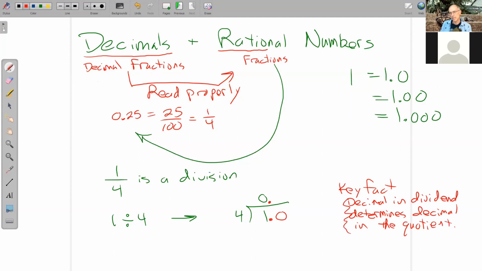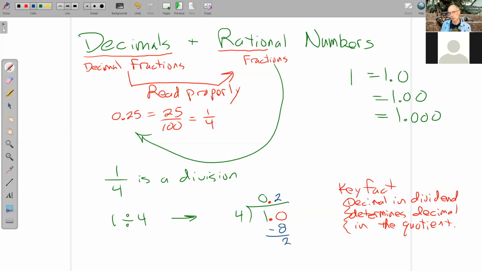Once we've established that fact, then we can just ignore that decimal point and move on. So now this is like saying, okay, 4 goes into 10. How many times does 4 go into 10? Well, 4 goes into 10 twice, because 2 times 4 is 8. If I tried 3, I would get a 12, and it wouldn't work.